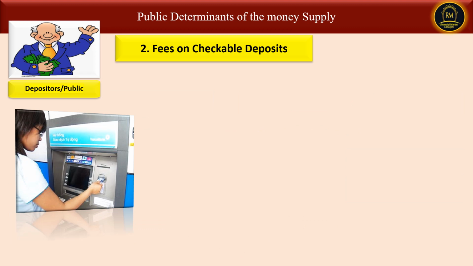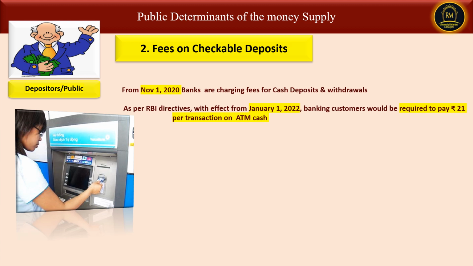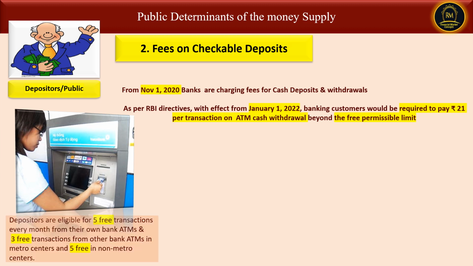Now it is interesting to know that in India from 1st November 2020, banks are charging fees on cash deposits and withdrawals. As per RBI directives, with effect from 1st January 2022, banking customers would be required to pay rupees 21 per transaction on ATM cash withdrawals beyond the free permissible limit. Now what is this free permissible limit? It is the limit on the depositors.